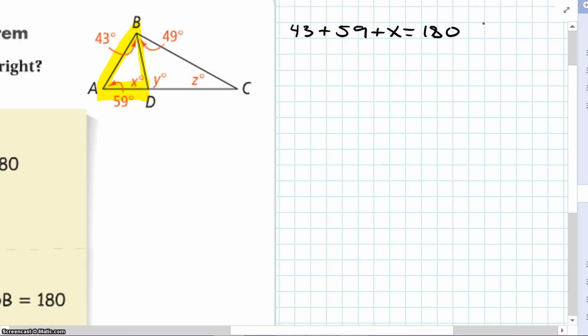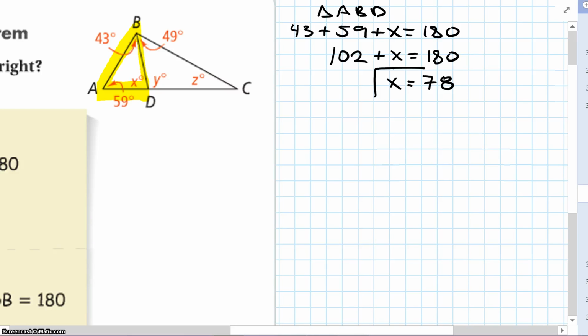Because all we're dealing with right here is triangle ABD. So 43 plus 59 is 102 plus x equals 180. So x, we're going to subtract 102 from each side, is 78.